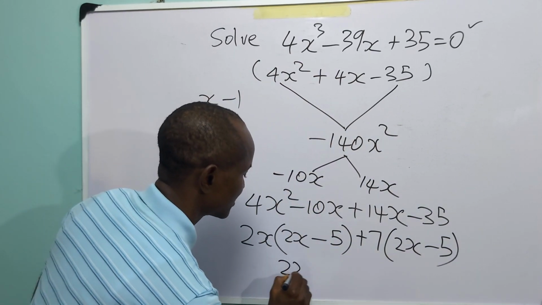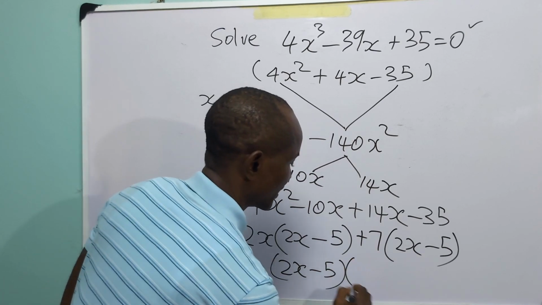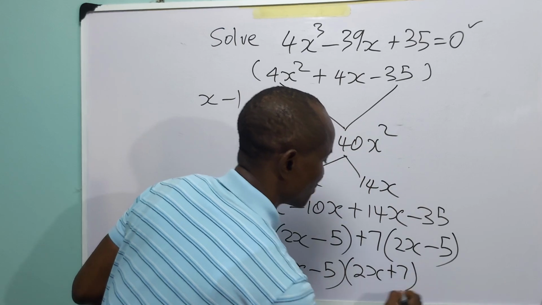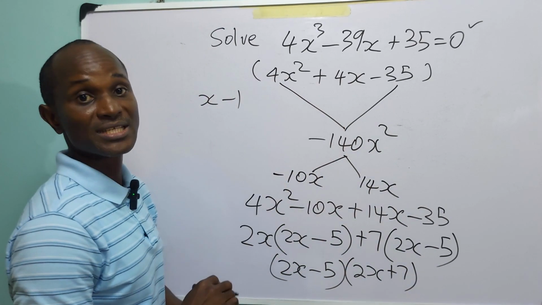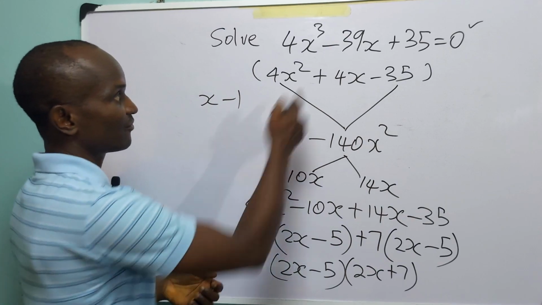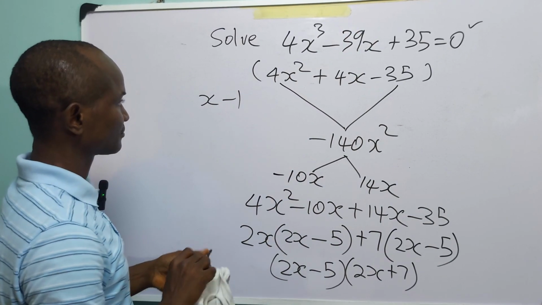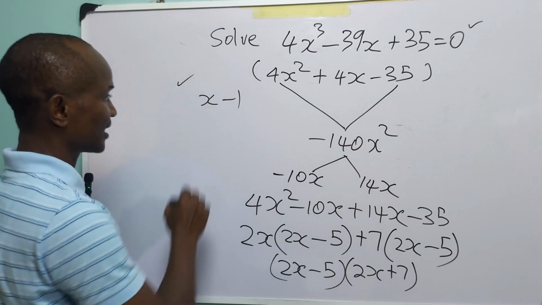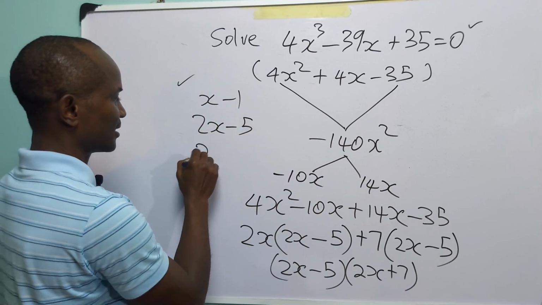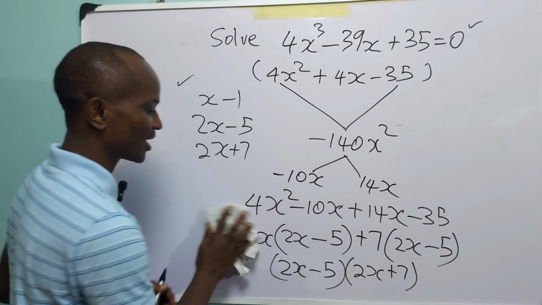Collecting, we have that 2x minus 5 and 2x plus 7 are the factors of this expression. So now we have found three factors for the expression given. This is the first factor, 2x minus 5 is the second factor, and 2x plus 7 is the third factor.